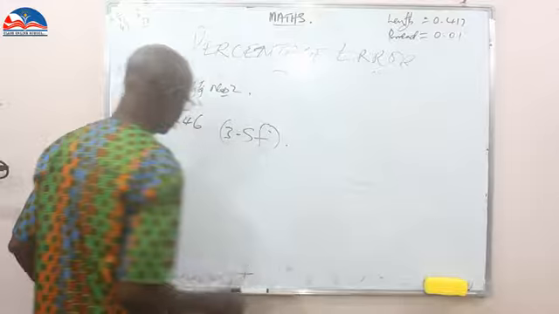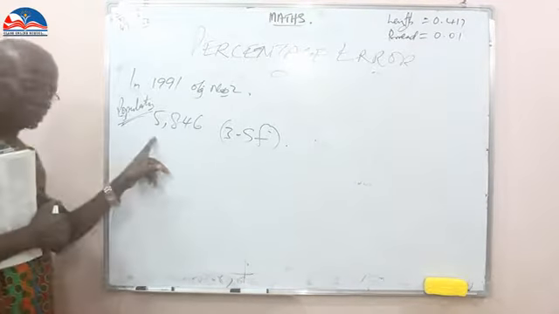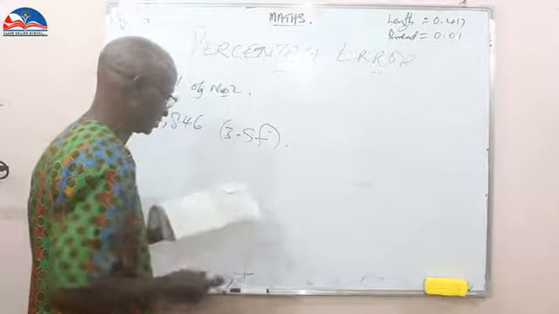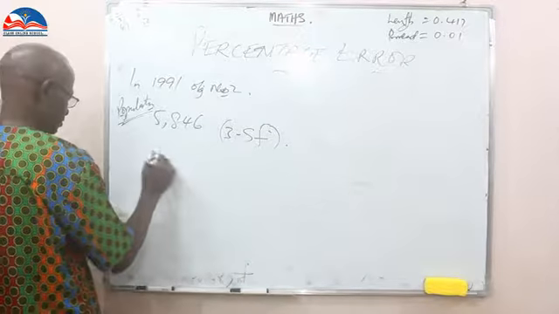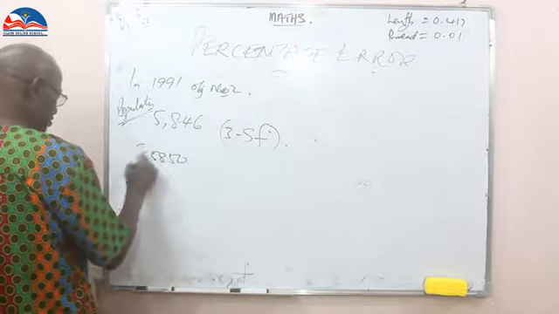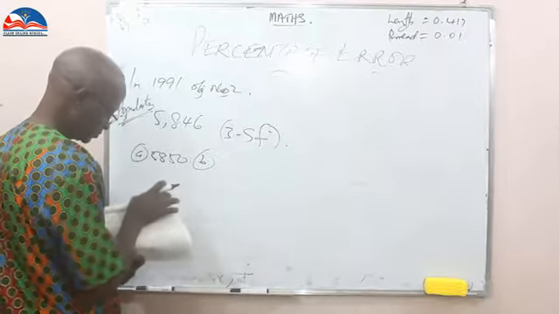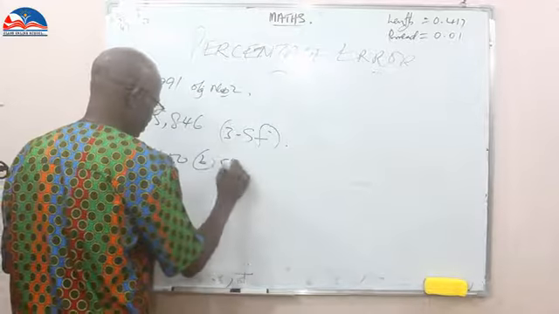We treated significant figures some days back. Now, what does this mean if you correct to 3 significant figures? You are given options here. Option A says 5850. Option B says 5846.